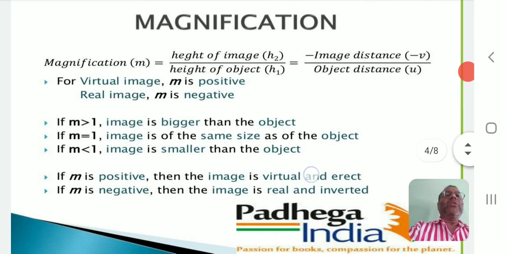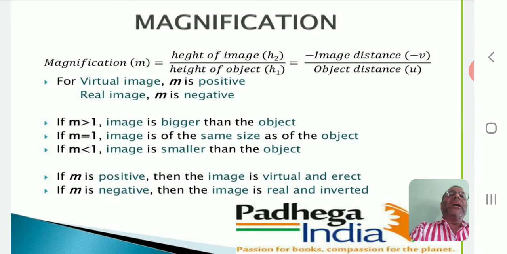The next slide is related to magnification. Now what is this magnification? Magnification is a physical quantity which indicates, in comparison to an object, whether the size of the image is bigger, or the size of the image is smaller, or the size of the image is the same as that of the object.